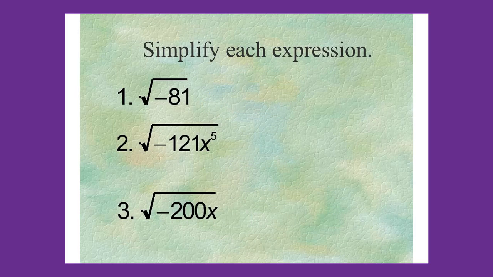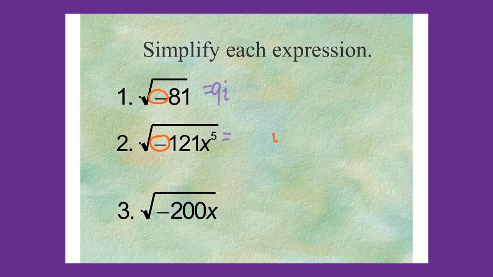Let's simplify. Remember, whenever you have a negative sign inside a square root, that means you will get the i. So the square root of 81 is 9, so you get 9i. For number 2, whenever you have a negative sign in the square root, you know that is i.